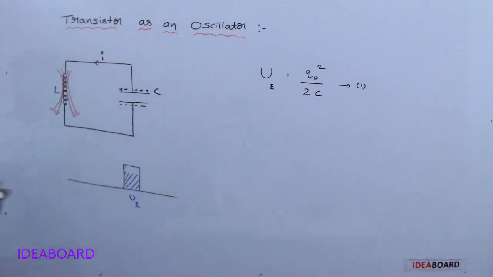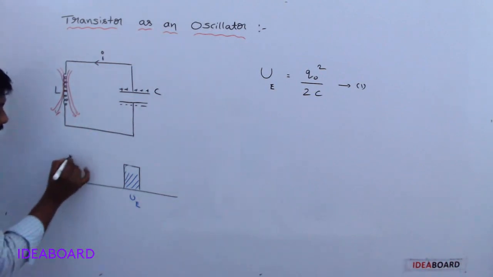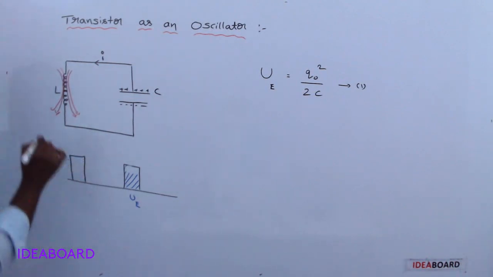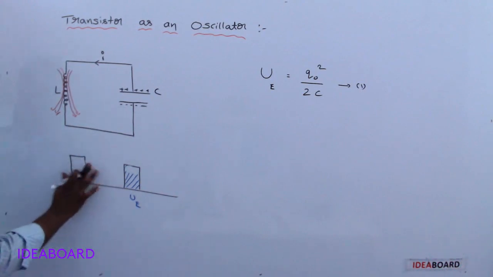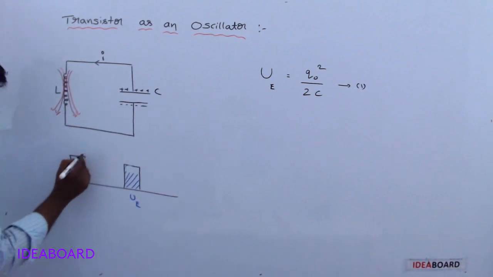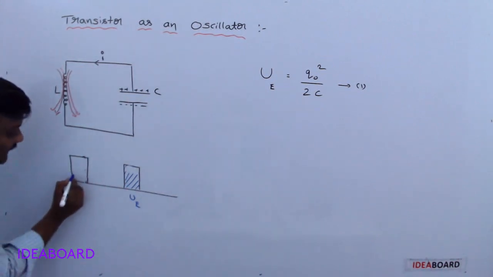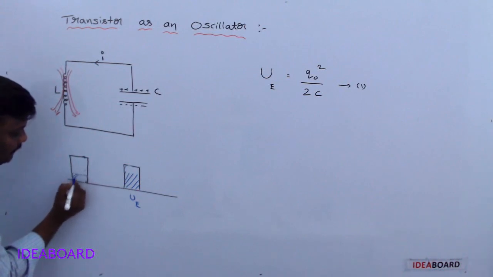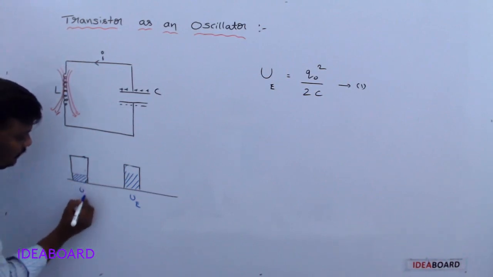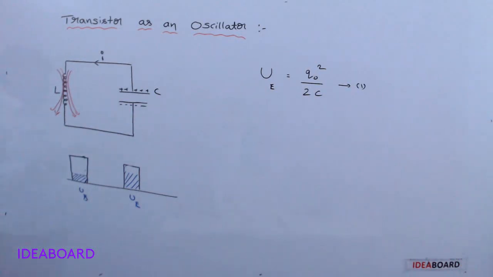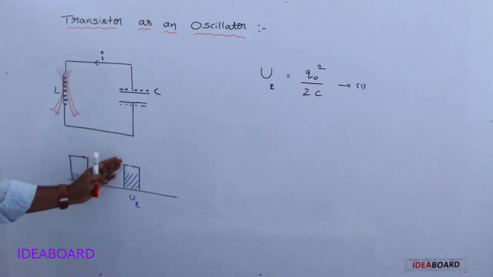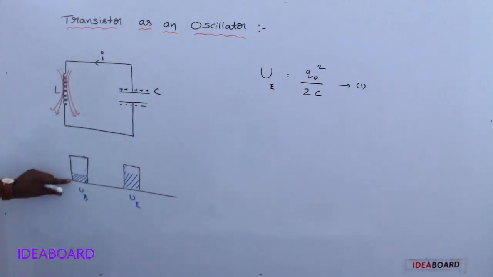Here, what is the other form? Within the inductor, this energy is stored as magnetic energy. So UE decreases, UB increases.